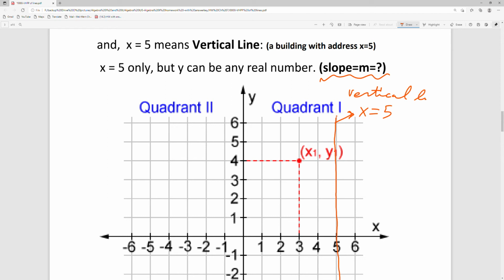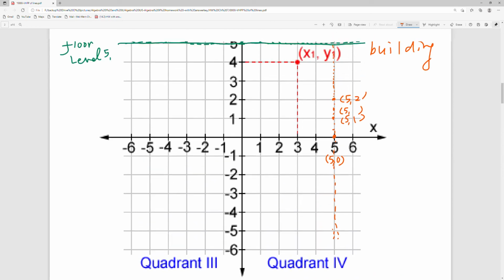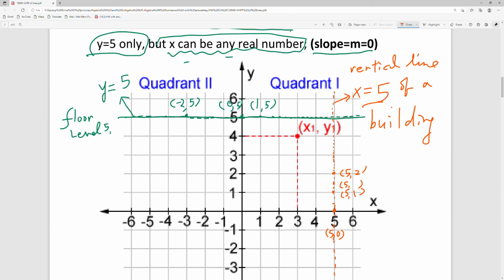Now I want to ask you, what's the slope? We understand the horizontal line here. Let me change the color. The horizontal line has slope equal to 0 because it's horizontal.